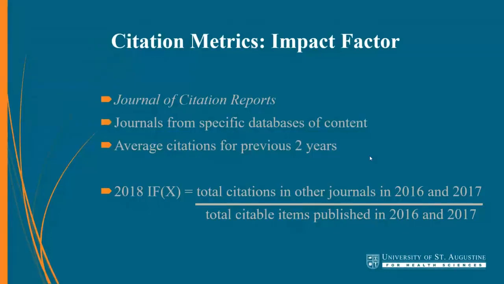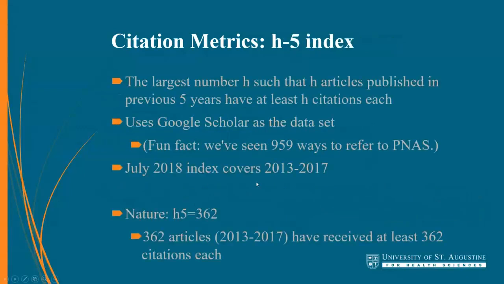Most of them are some variation of this or another one called the H5 index or H index. This one is the largest number such that that number of articles in the previous 5 years have that many citations each. This is a weird thing to think about, but it becomes pretty clear quickly with an example. So I think we skip down to the bottom and just make it concrete right away.